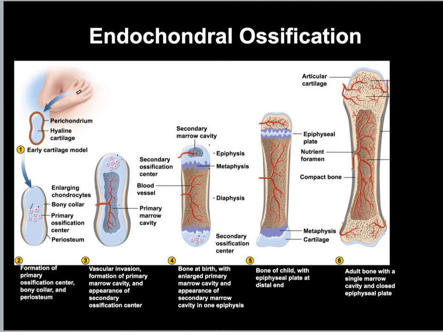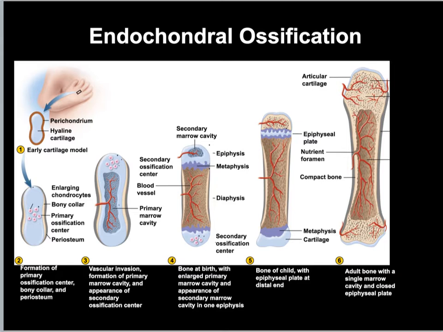And in the early developing fetus, what you have is a hyaline cartilage kind of pre-bone thing, right? So you lay down this sort of vaguely bone-shaped hyaline cartilage. And you've got hyaline cartilage inside and a perichondrium surrounding it.